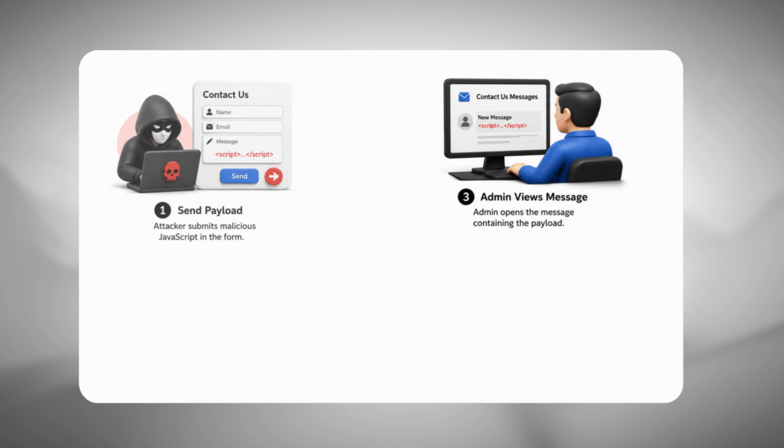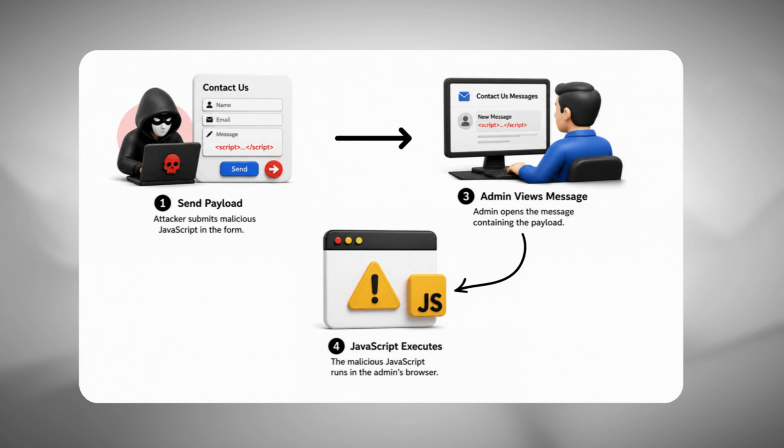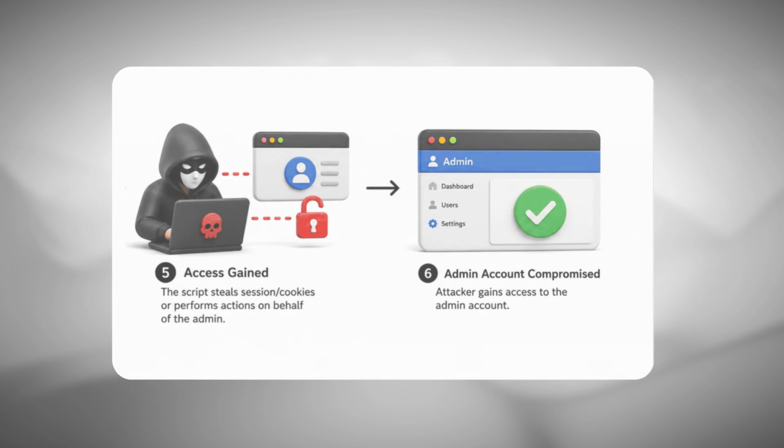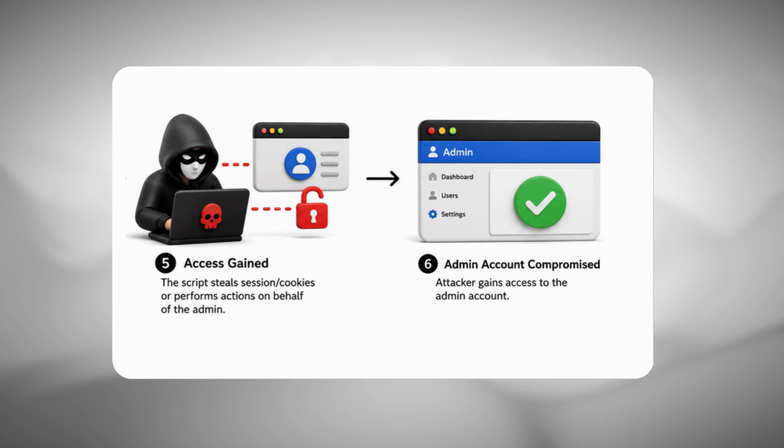How? They can simply send a payload in the contact us form, and when the admin is going to view that particular request, because they're going to see that someone has tried to reach out to them, right? The moment they see that particular payload, the JavaScript code behind it will be executed, allowing the attacker to access that particular admin's account, right?